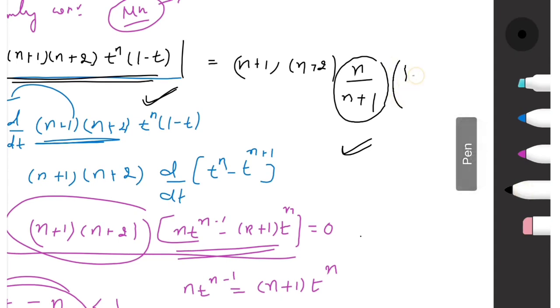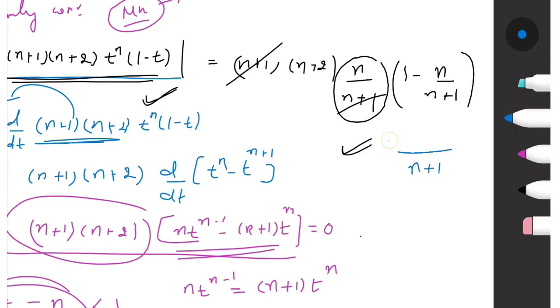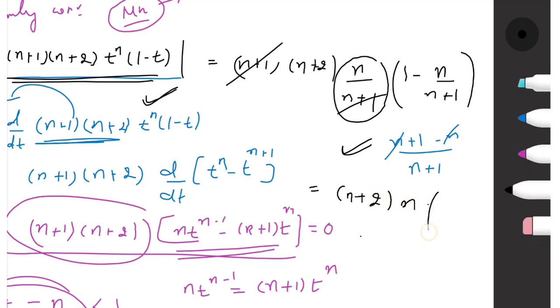Then 1 - n/(n+1) equals 1/(n+1), so this factor will get cancelled. And now we have (n+2), n^n over (n+1)^n.